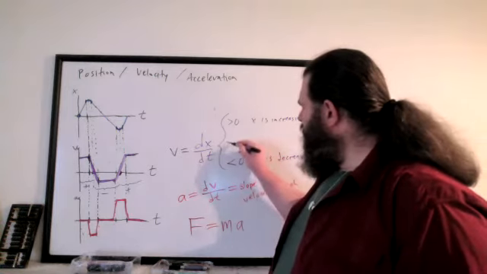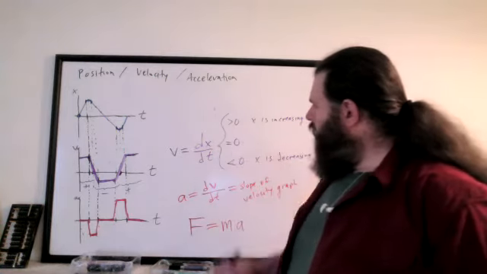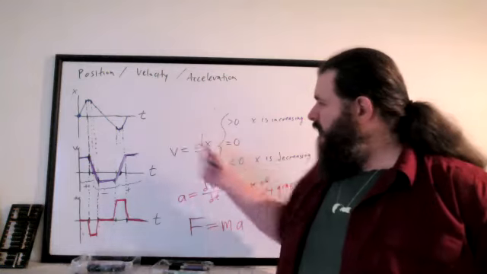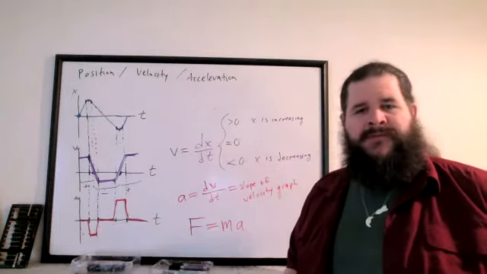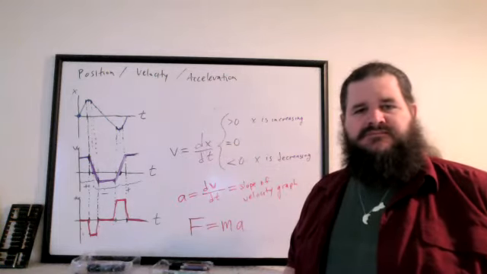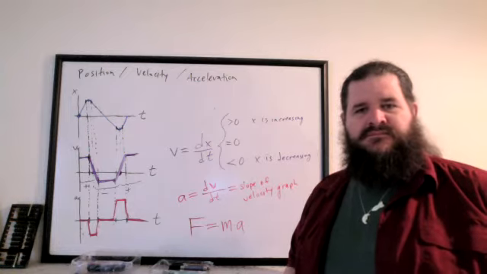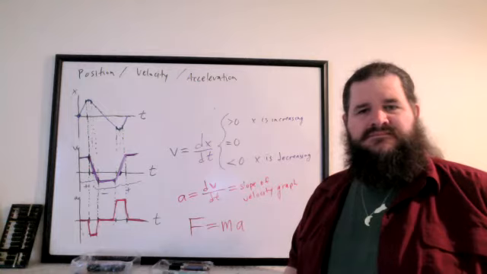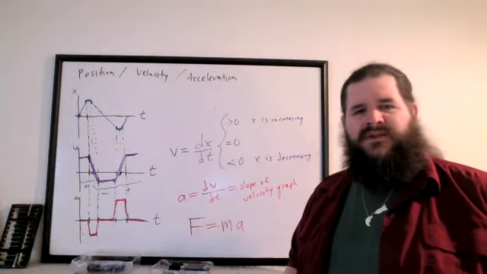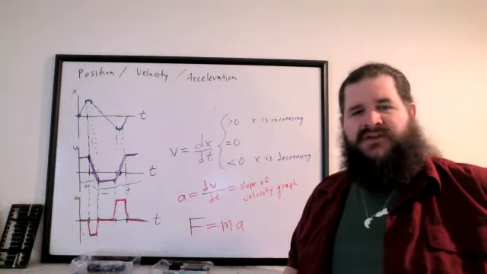And if the velocity equals 0, what do you know is true about a graph if the derivative equals 0? What has to be true about a graph if its derivative is 0?